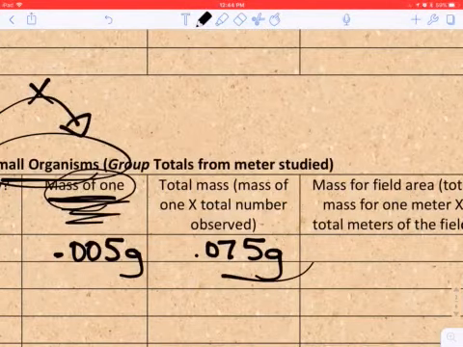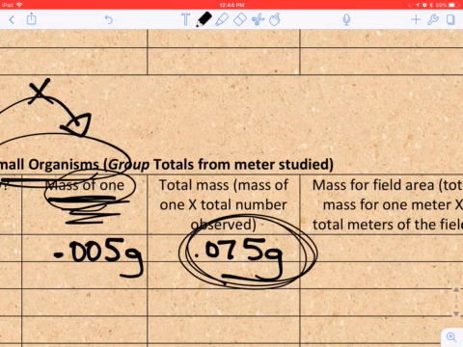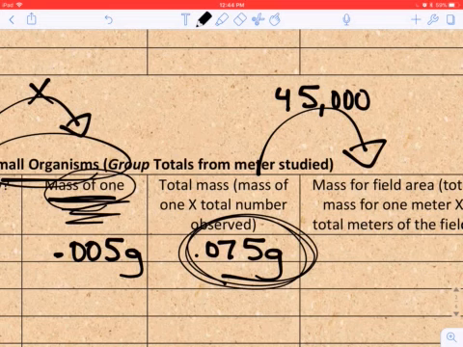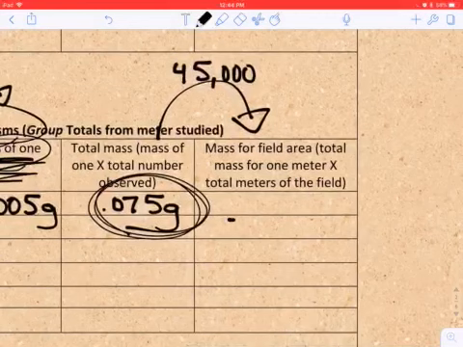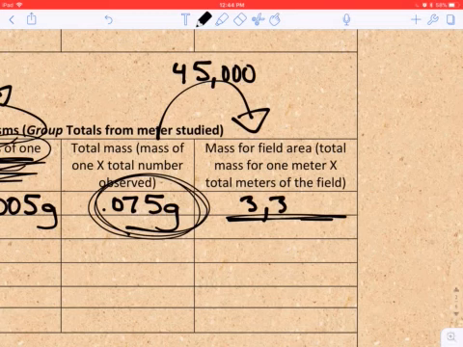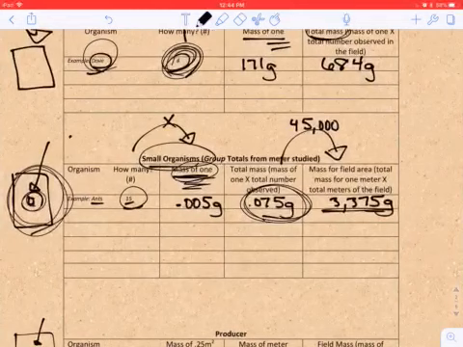So I take the mass in one square times 45,000 meters squared in the whole field. That's going to give us the mass of the whole field of ants, which is going to end up being 3,375 grams of ants for the entire field, because we've now calculated the entire field.